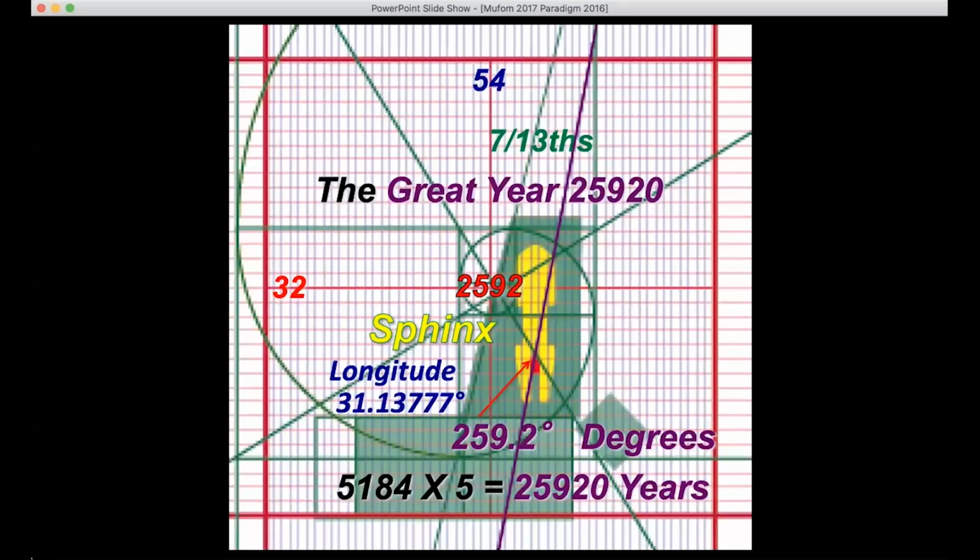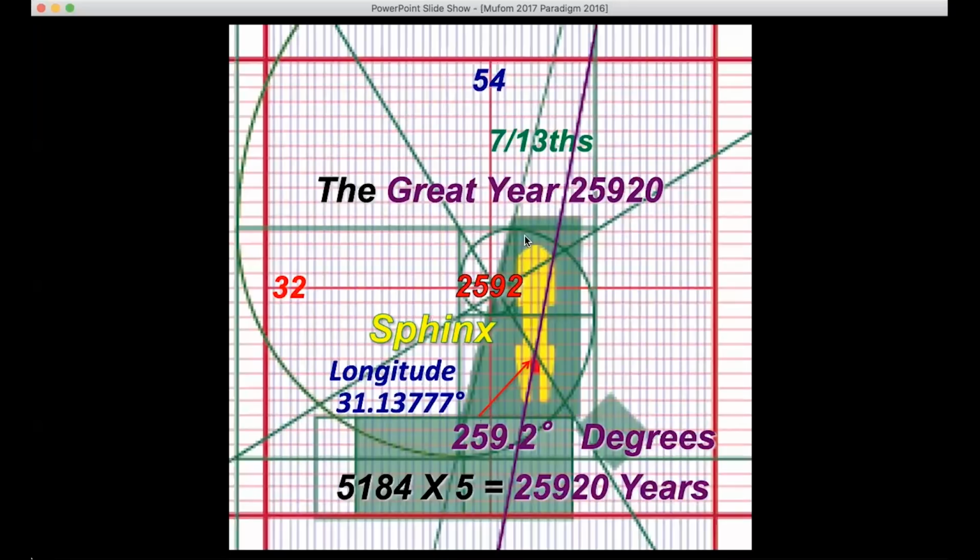But I also want to point out here that it's the 7/13 of our circle. That is the causeway for the Sphinx that runs from the center of our circle, which is at the temple of Khafra, and that has some very interesting proportions in it as well.